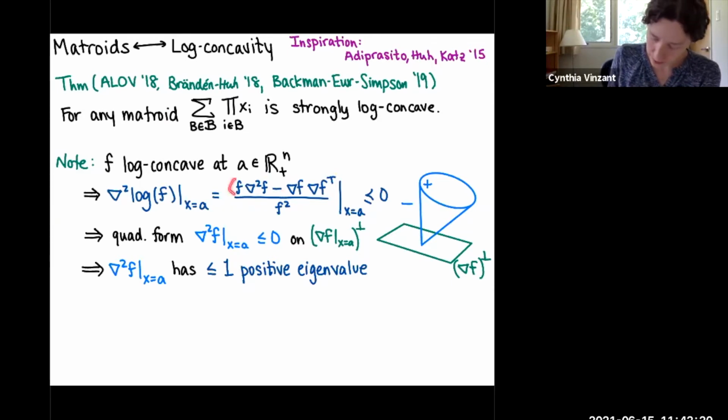So this quadratic form has to be negative everywhere. In particular, then this quadratic form has to be negative on the hyperplane orthogonal to the gradient at that point, on which this will just evaluate to 0.